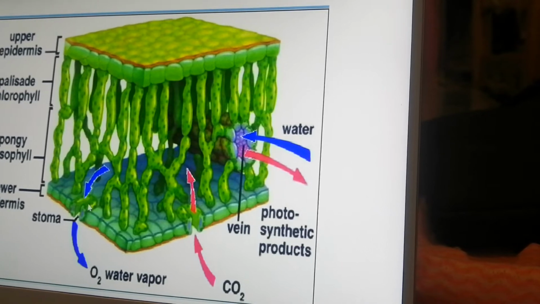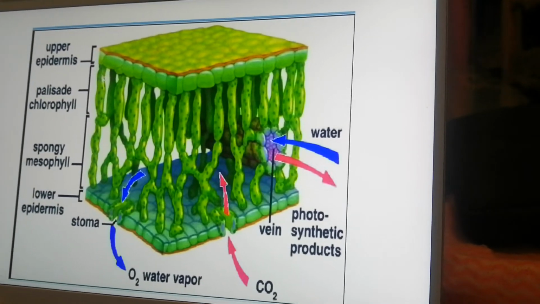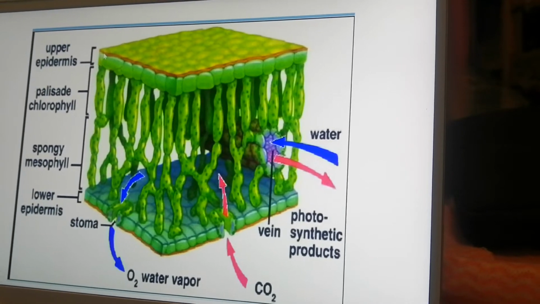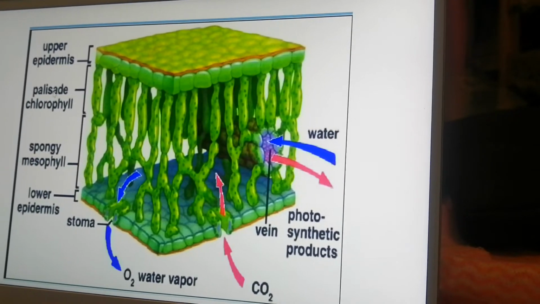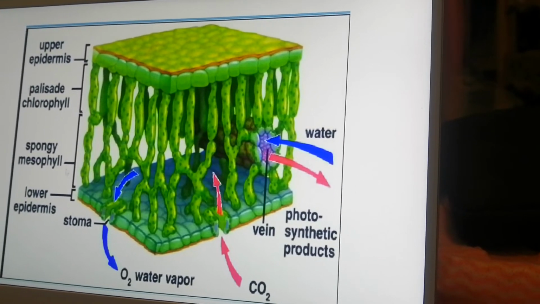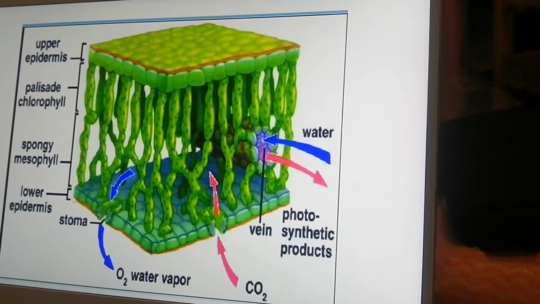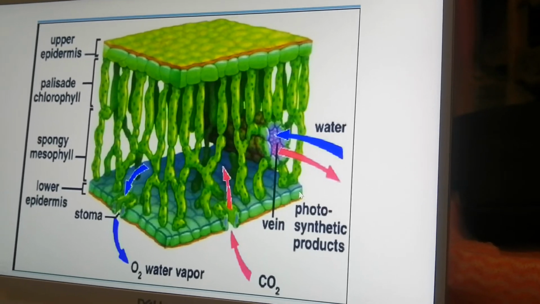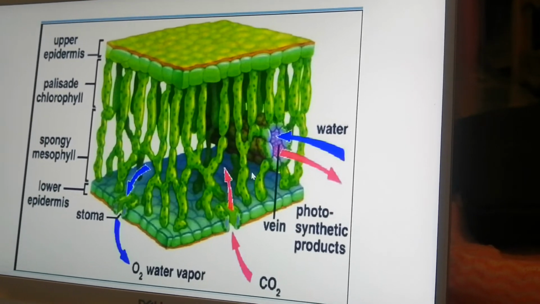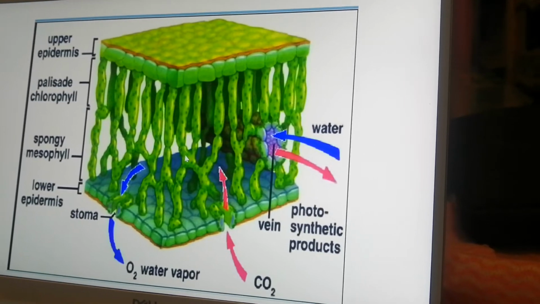Okay, so we have here the illustration: the upper epidermis, the palisade chlorophyll, the spongy mesophyll, then the lower epidermis. The totality of this is the photosynthetic product; photosynthesis will also take place here.